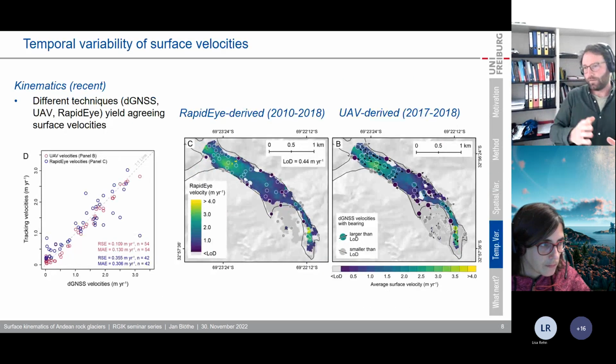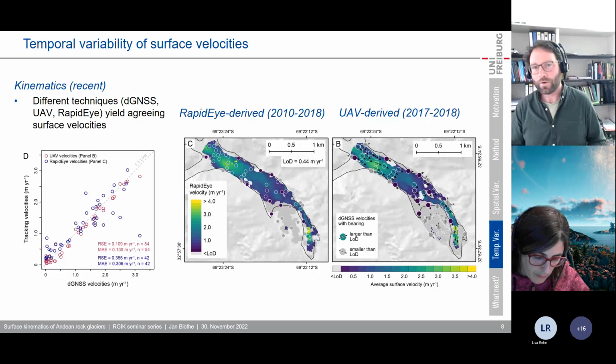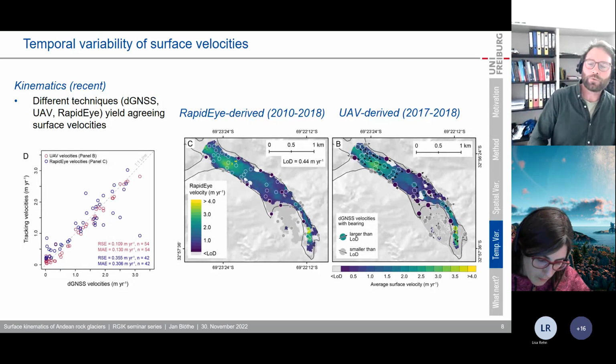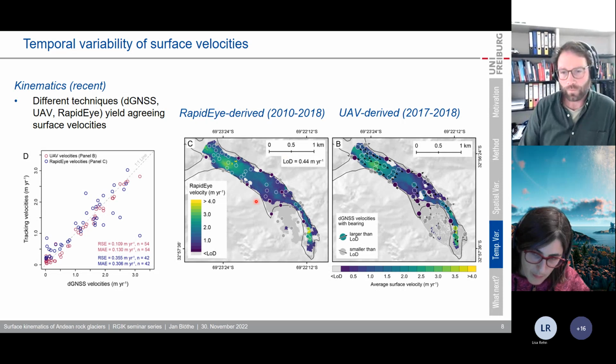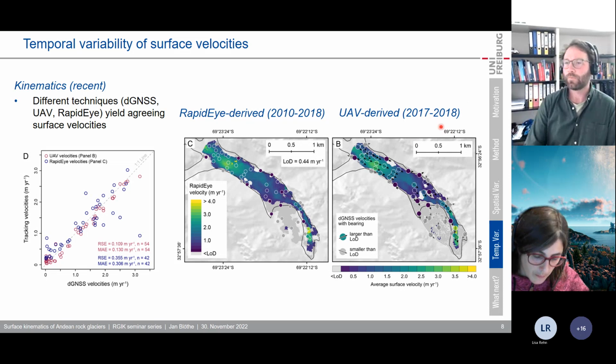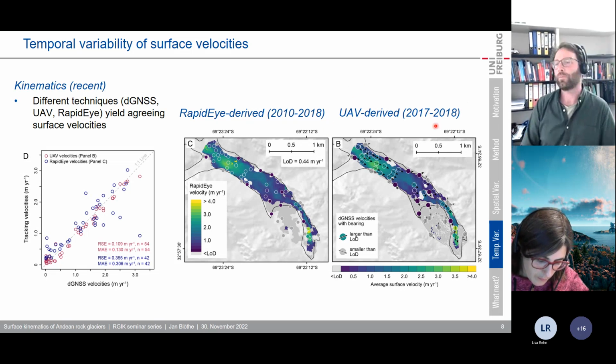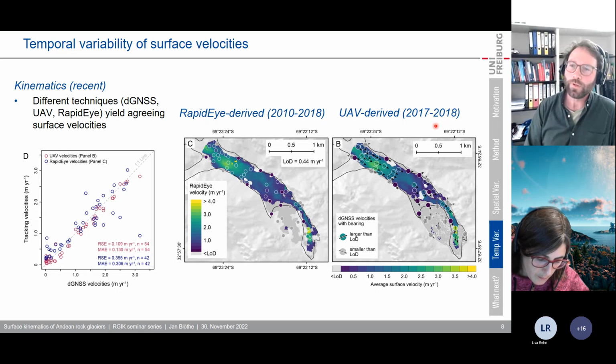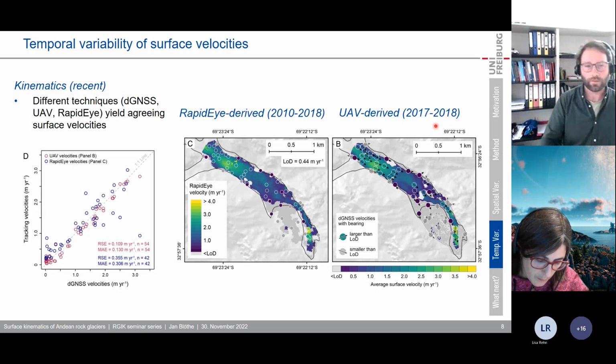If we look at the temporal variability, I'm just showing you 2 examples. So from Morenas Coloradas, we are staying in this example. We have the RapidEye surface velocities I was just showing you before. And we can compare this to the UAV-derived velocities we derived from our field surveys in 2017 and 18 in this case.